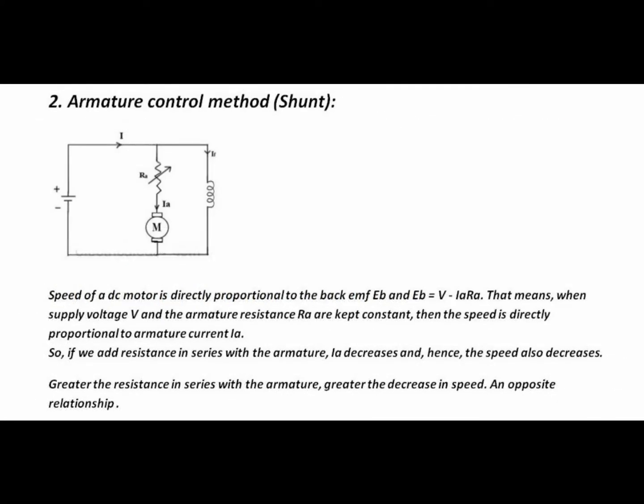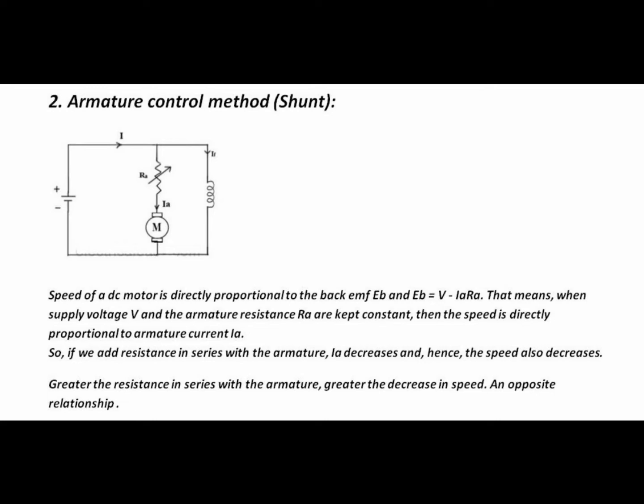Second, armature control method, shunt. Speed of a DC motor is directly proportional to the back EMF, Eb, and Eb is equal to V minus Ia Ra, the current and resistance of the armature. That means when supply voltage V and the armature resistance Ra are kept constant, then the speed is directly proportional to armature current Ia.